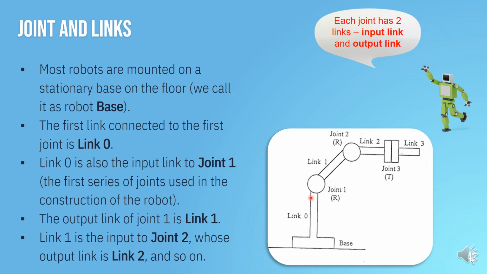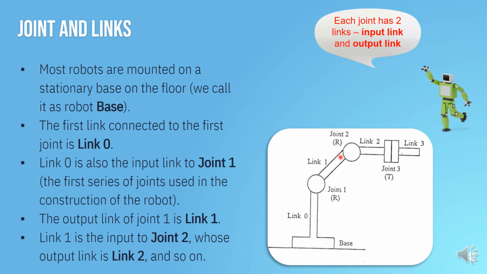And then the output link, the output link is link 1. So the output link is also connected to the first joint. So the first joint has input link and output link.